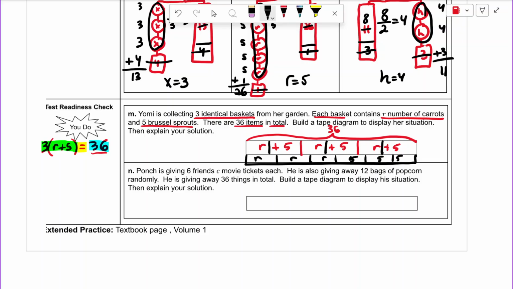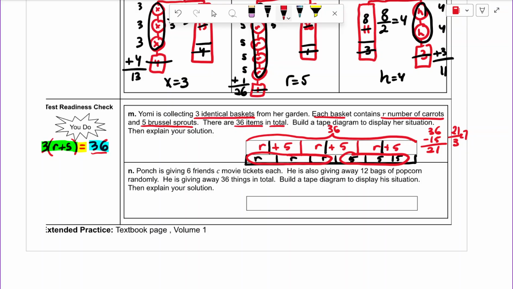We're running out of room down here, but we know that 36, we're going to take off these 3 5s, which is 15. So 36 minus 15 is 21. And we know that 21 is what these 3 R's are worth. So we need to take 21 and divide it into 3 pieces. 21 divided by 3 is 7, so every R is worth 7.